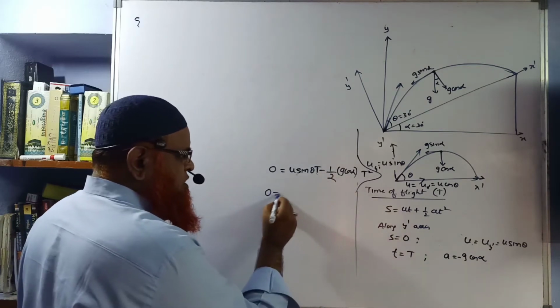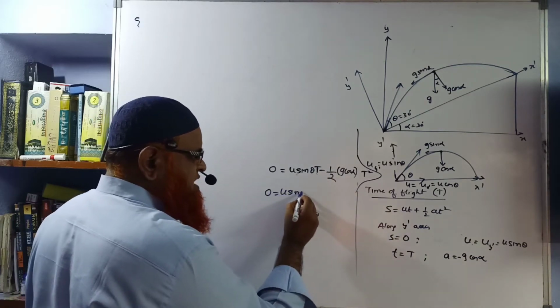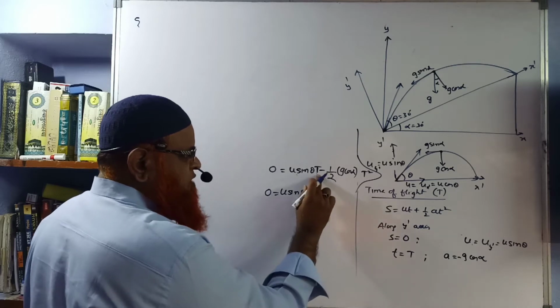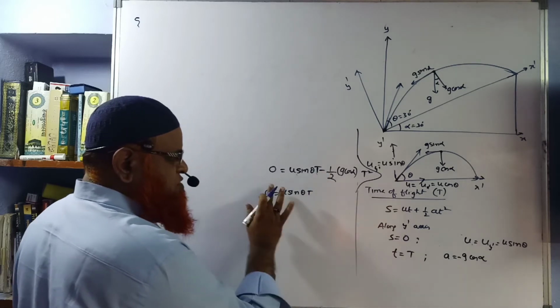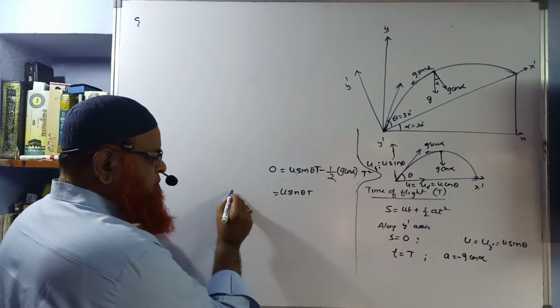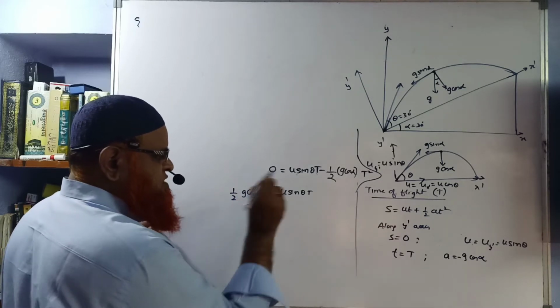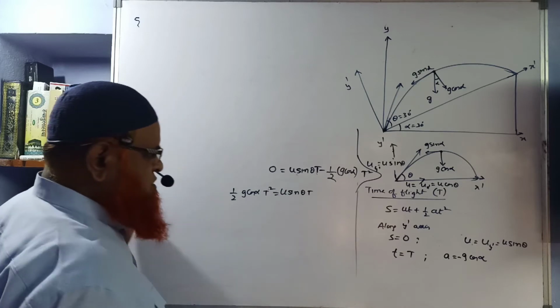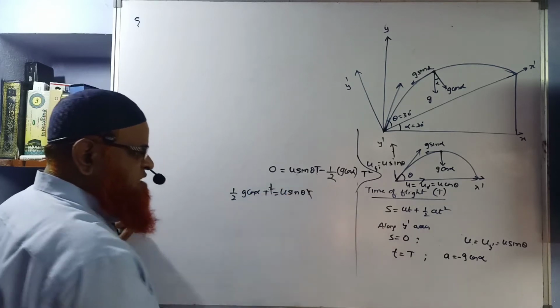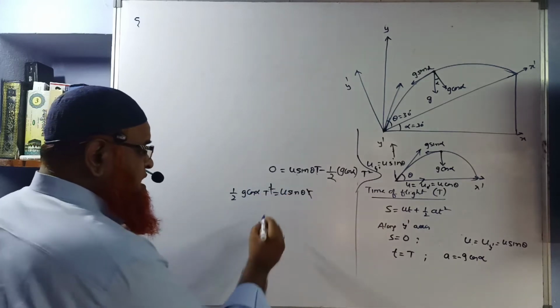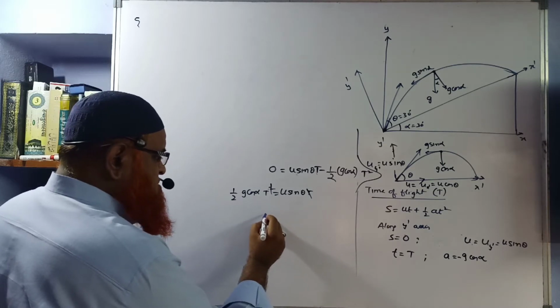Therefore 0 is equal to u sine theta into t. If you observe this negative sign, it comes to the left side, and it is going to become plus half g cos alpha into t square. You can write like this. So from this equation you can cancel out t and t square here. Then what are you going to get now?